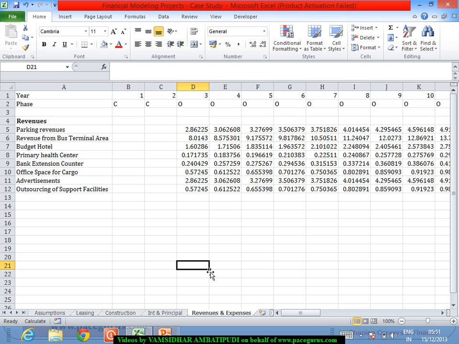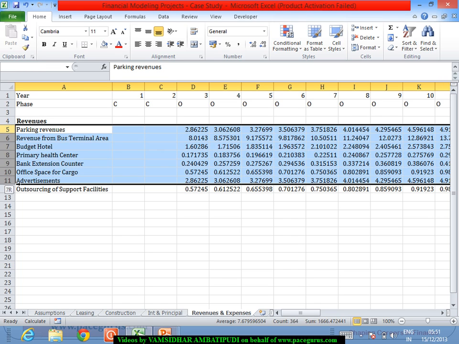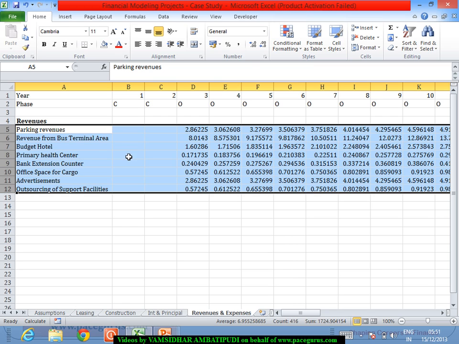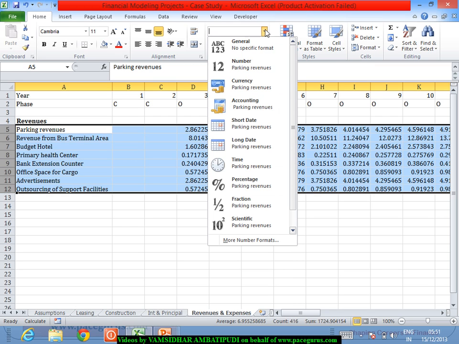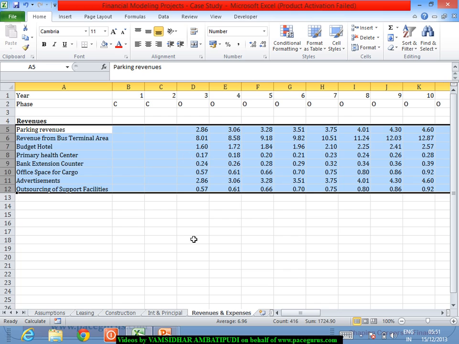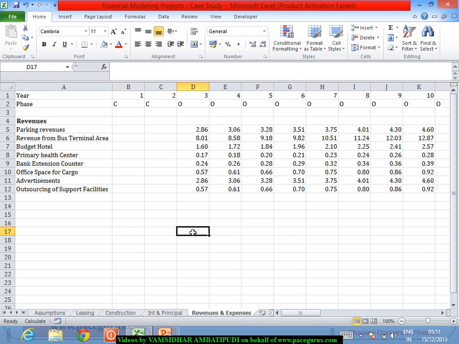These are the various sources of revenues that our business is generating during this entire period, and if required, again we can do that basic formatting exercise of the entire thing being handled in terms of 2 digits after the decimal point. So probably from here I can talk about the total revenues, right?